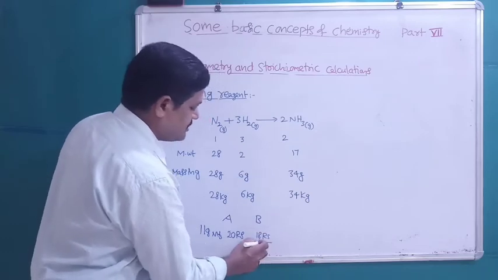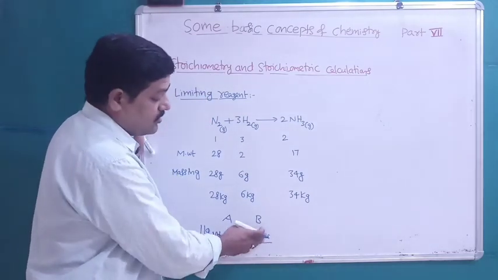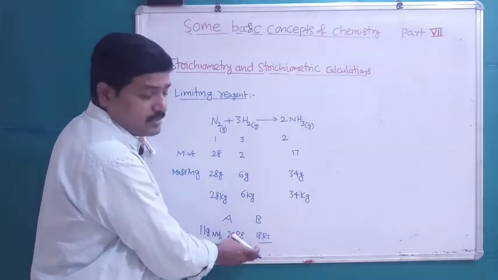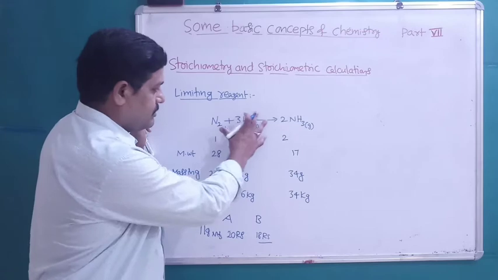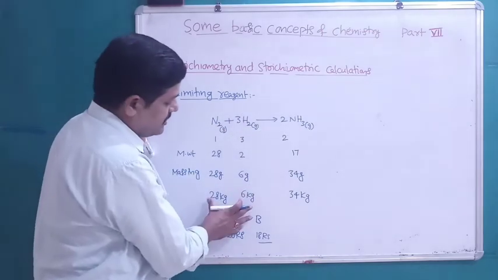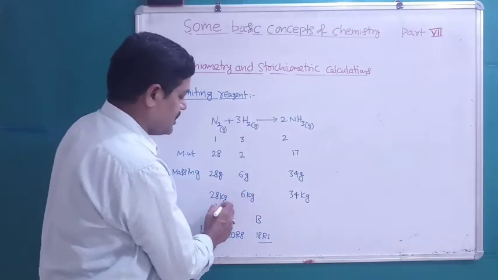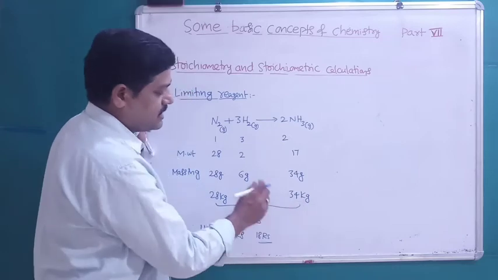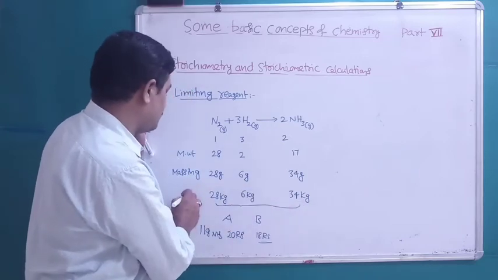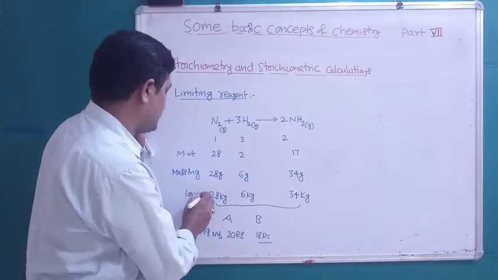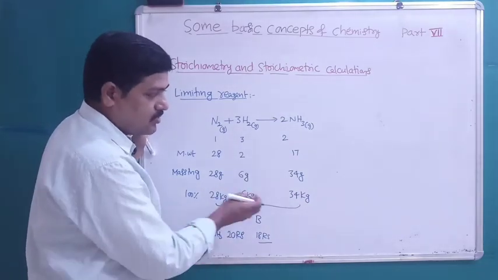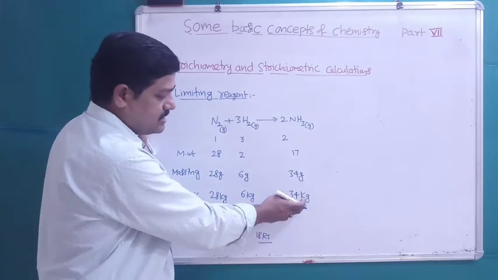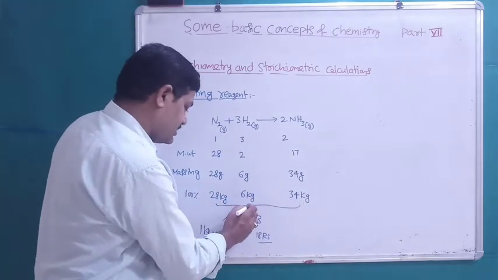Then people will purchase from B, because they are able to give at 18 rupees by reducing the production cost. On paper, the theoretical calculations are okay, but 100% conversion is not possible in any reaction, right?